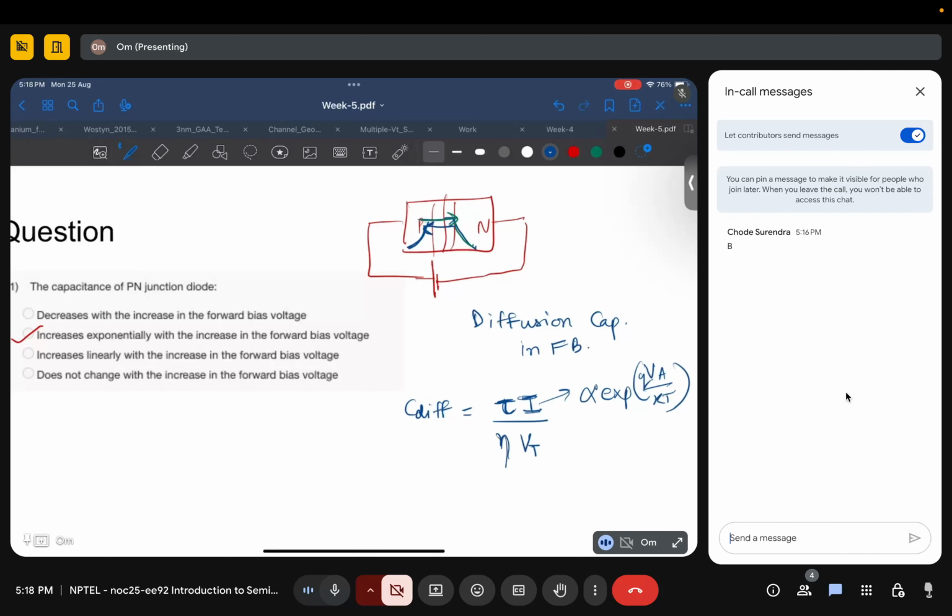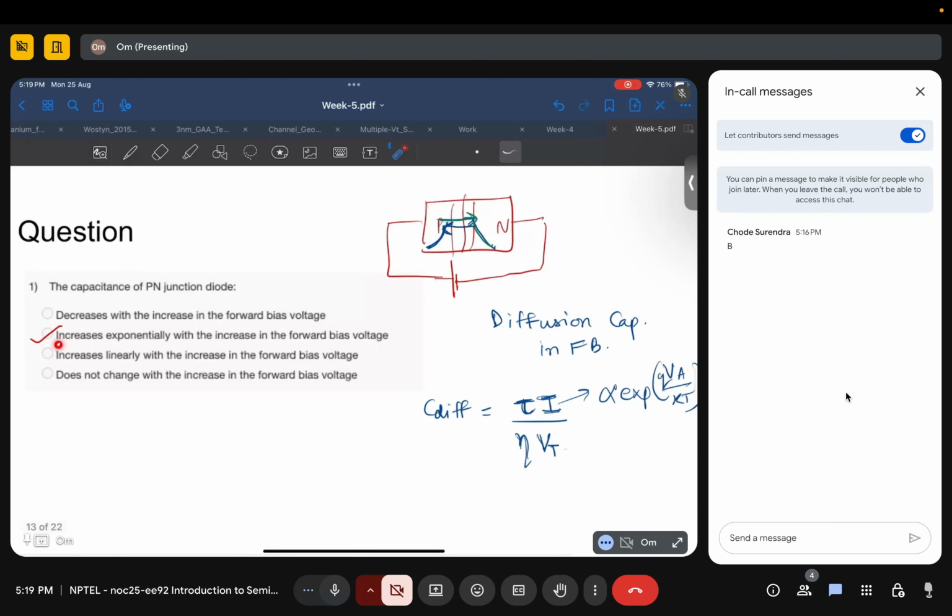This eta is the ideality factor and Vt is your kT. So this makes the capacitance exponentially dependent on forward bias voltage. So your capacitance in forward bias increases exponentially with increase in the forward bias voltage.